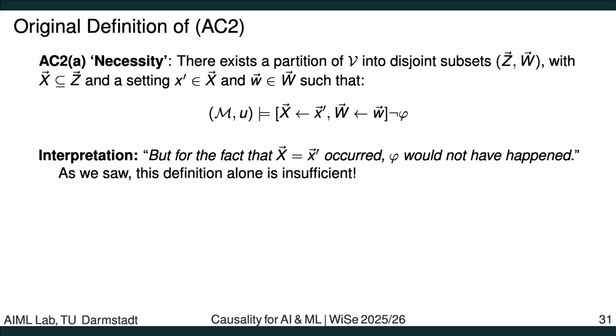And so then maybe we will have a look at the original definition that was first proposed. The first thing that we see here is that, of course, somehow we need to reason about the effect of X on the outcome of our variable or statement that we want to explain.